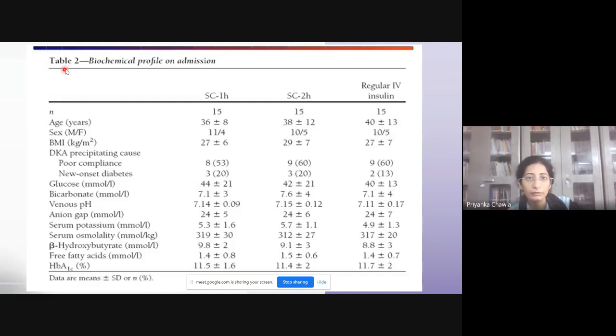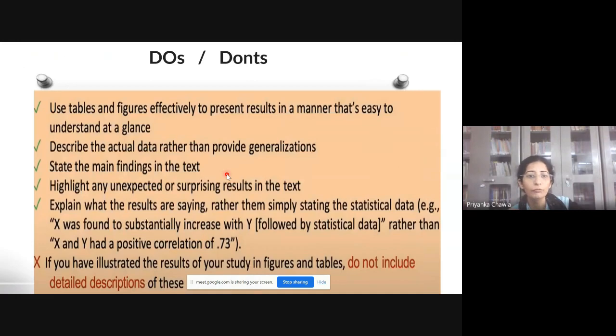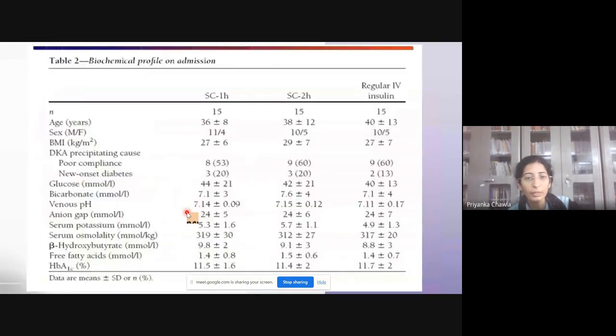See, only 2 rows are there, and under 2 rows there are some variables which have been presented, and after that there is one more row followed by footnotes. So this is the way of presenting your table. So what you have to do in your table, detailed description is not required, and even columns and cells are not required.